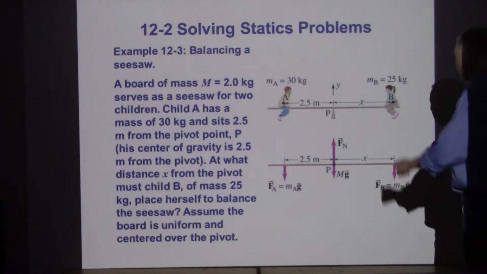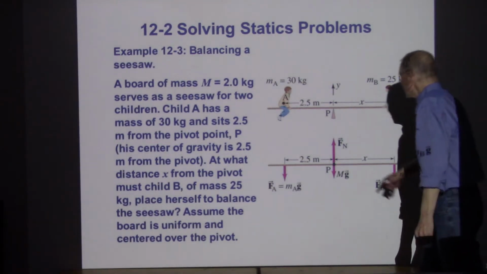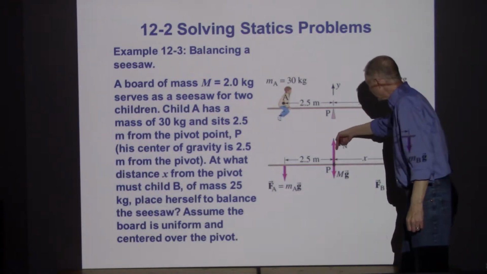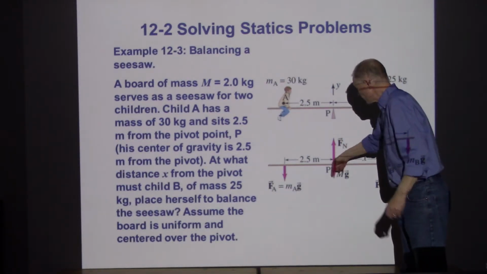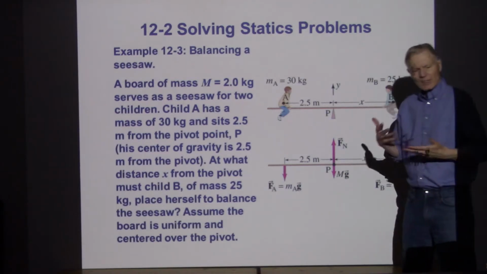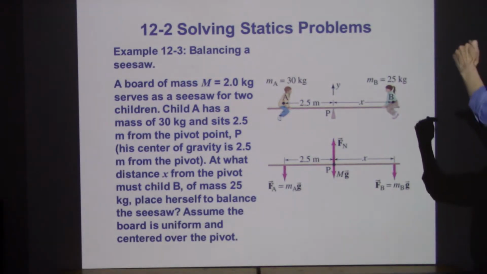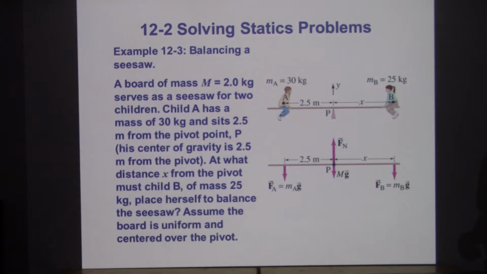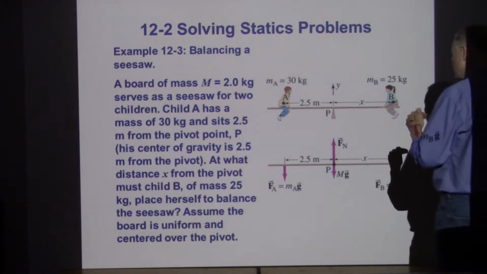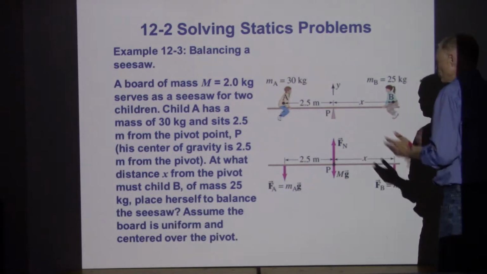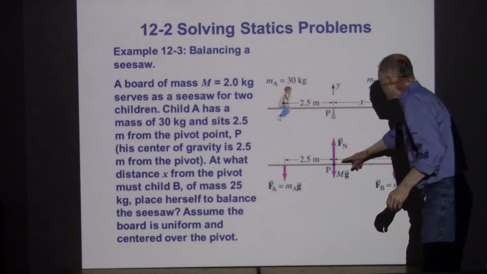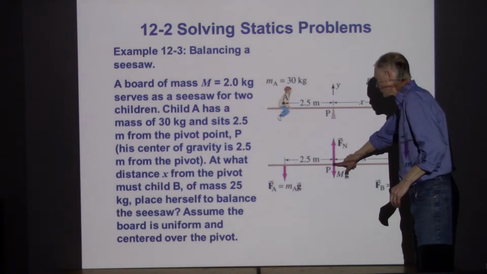Anyway, here's the force diagram that they've given us. And here's the teeter-totter. And here is the gravitational force specifically on the teeter-totter. Since the teeter-totter's center of gravity has been placed right at the axis of rotation, the torque of the teeter-totter itself cancels out. Now there's also a normal force on the teeter-totter here.